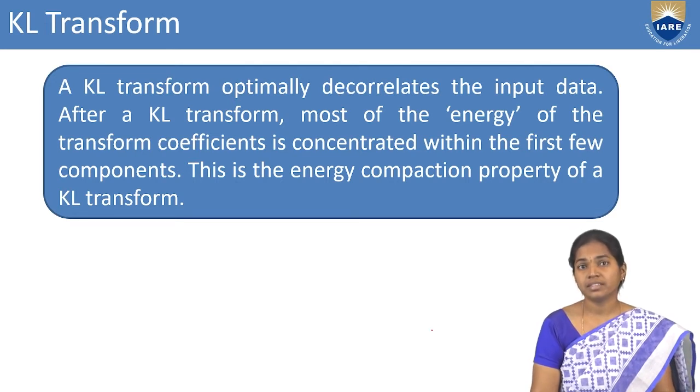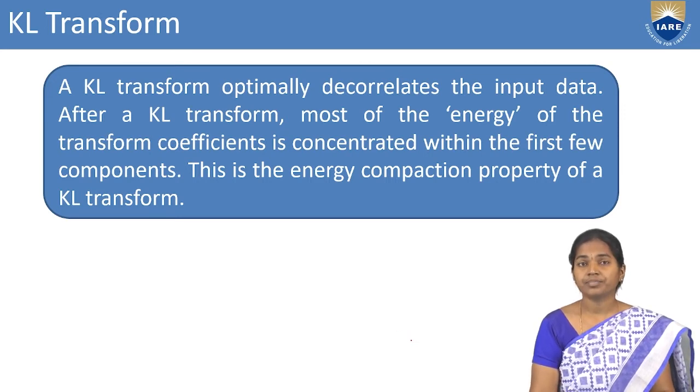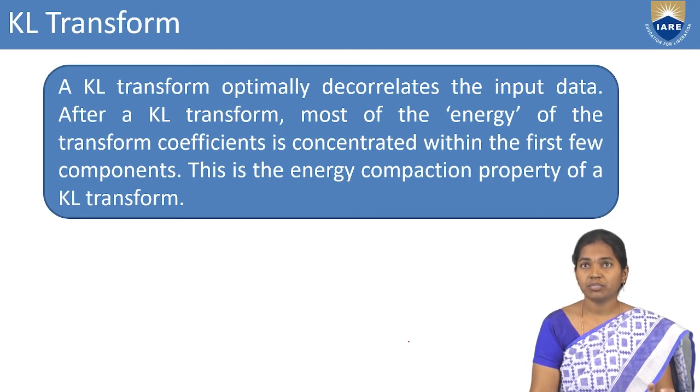We arrange the eigenvalues in descending order and then analyze the entire image by applying the transformation with only the first few components. This is the energy compaction property of the KL transform.